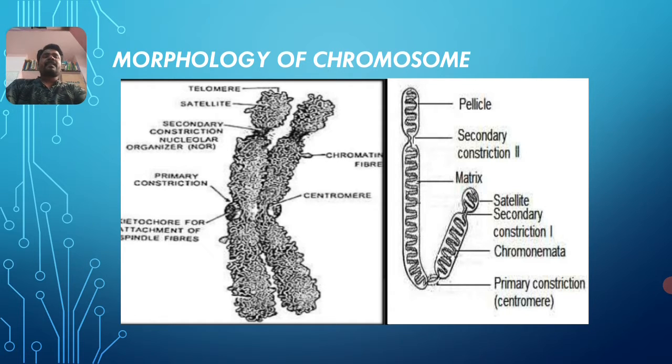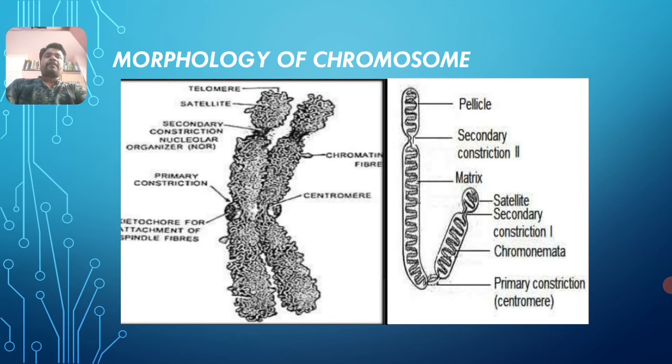Centrally, it consists of a small groove called the primary constriction. Above this, it consists of the secondary constriction. At the tip of the chromosome is the telomere. It consists of the satellite chromosome.